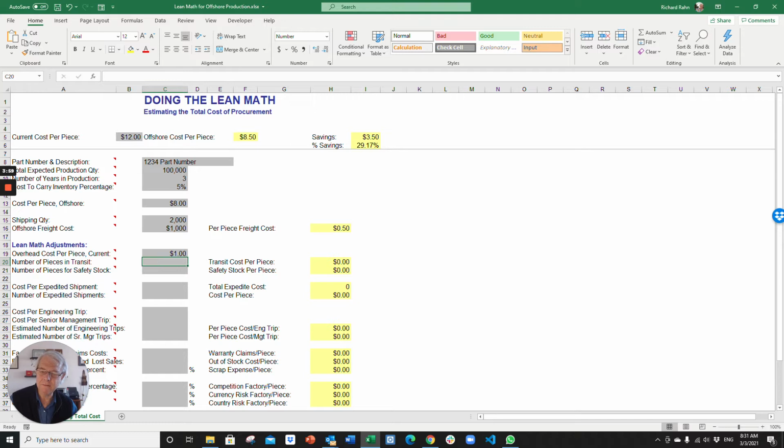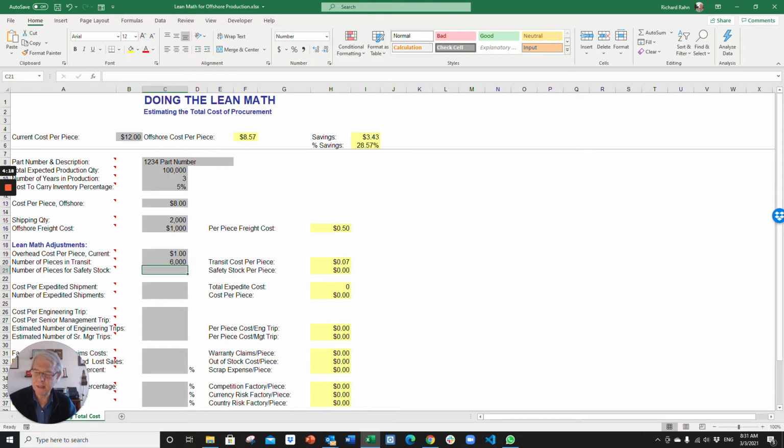And number of pieces in transit. We have some inventory that we expect to have coming to us, so let's say we have a couple of shipments in transit. That's inventory that we don't have yet, but it's on its way to us. And then number of pieces for safety stock.